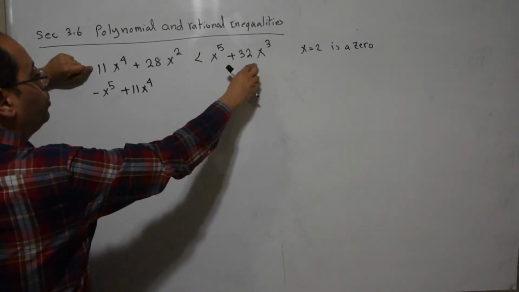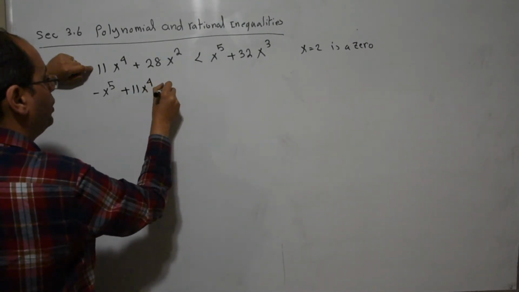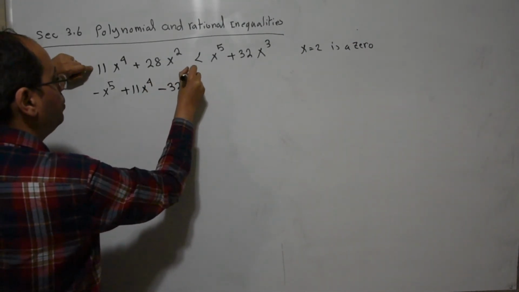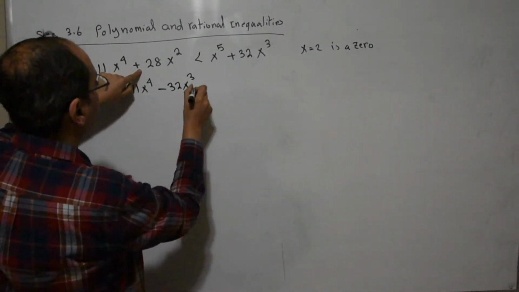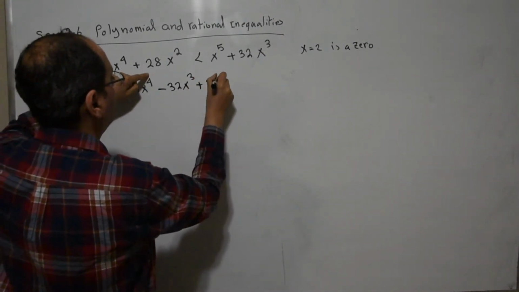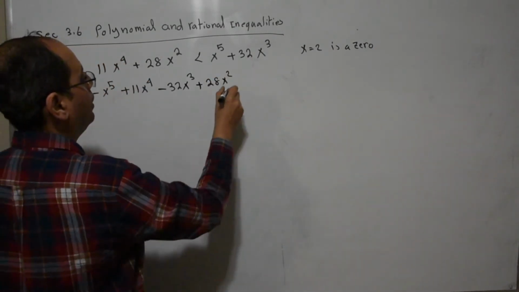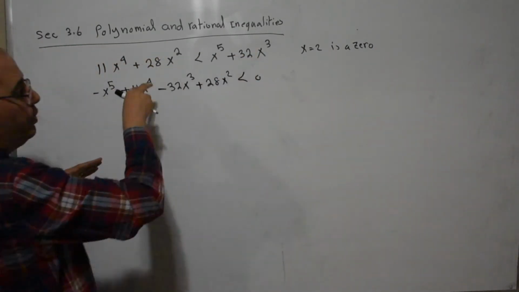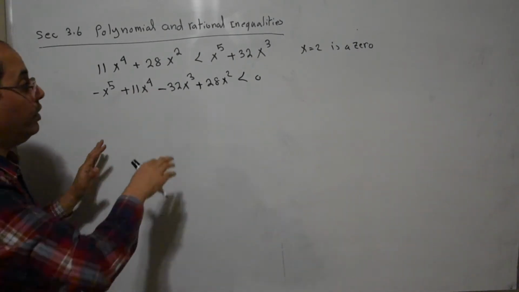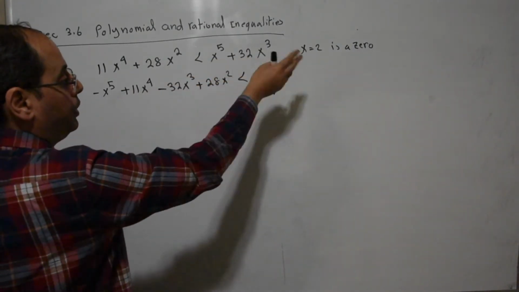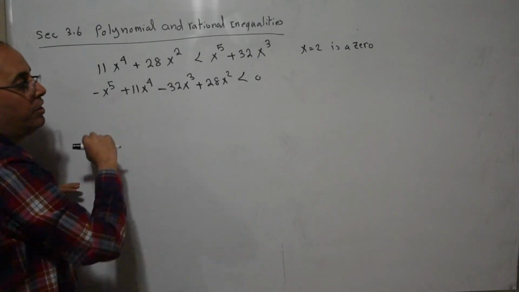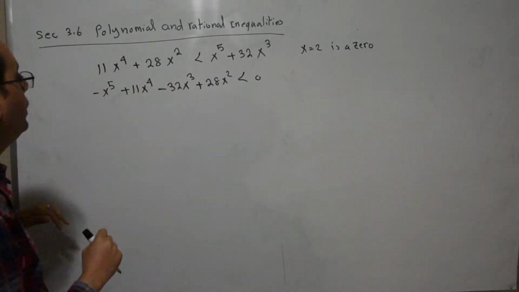And this the third one, I move it with negative, so negative 32x cubed. Then here, I keep it as it is. And then less than 0. Because while I'm moving the stuff from the right to the left, I changed the sign and put them in order.